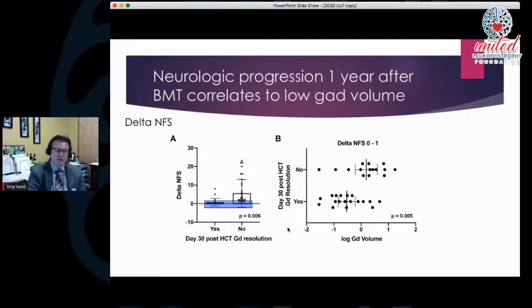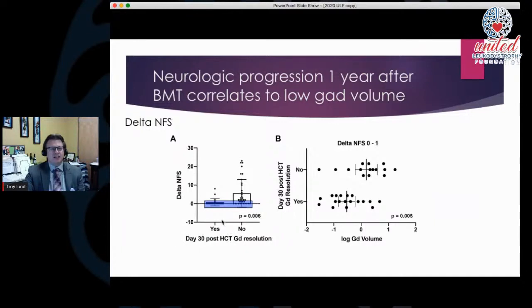So we'd like to have boys go home exactly the way they come in and not lose any neurologic function. It doesn't always happen, unfortunately, and many of the boys do gain points. So what I did was simply ask the question, if we look at the delta NFS, so how many points they gained from transplant to 1 year post-transplant, did that correlate to day 30 post-transplant GAD resolution?